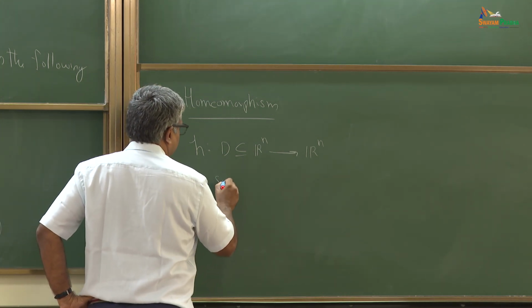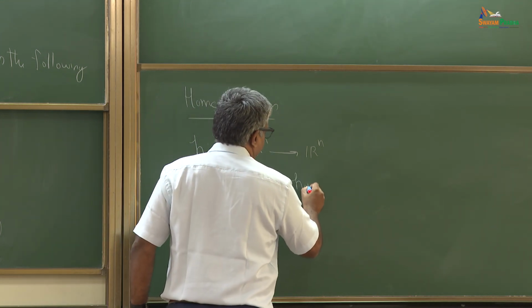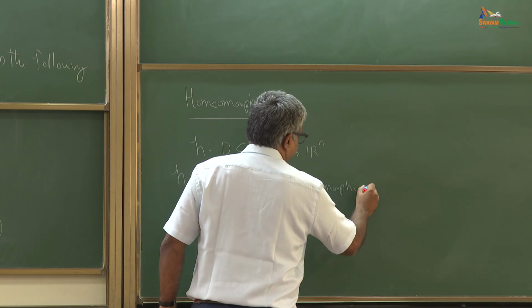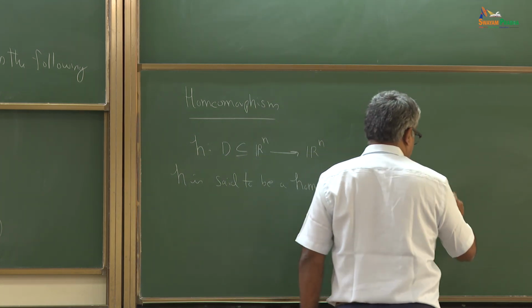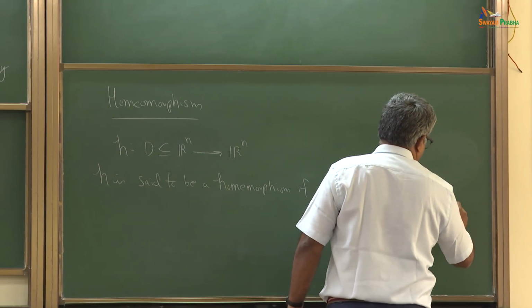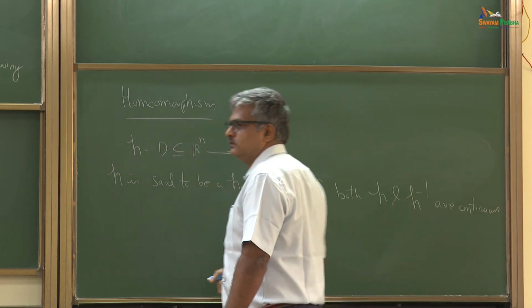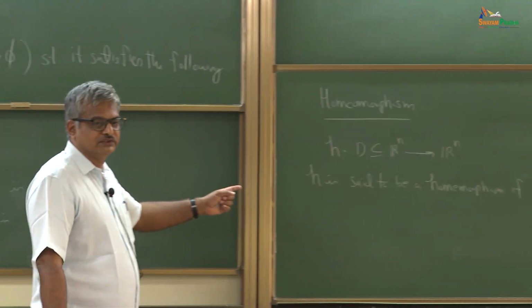H is said to be a homeomorphism if both H and H inverse are continuous. Okay, so that is the function and its inverse.